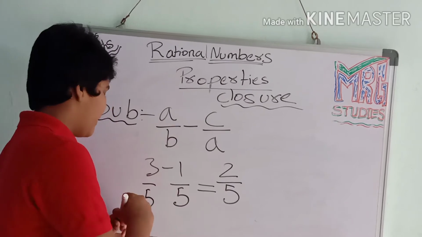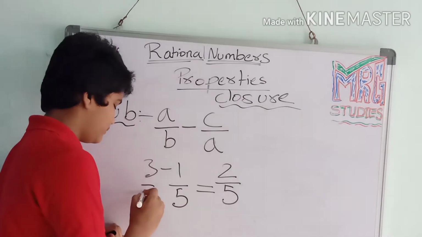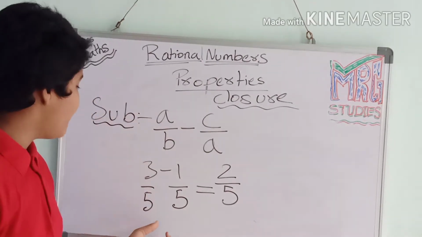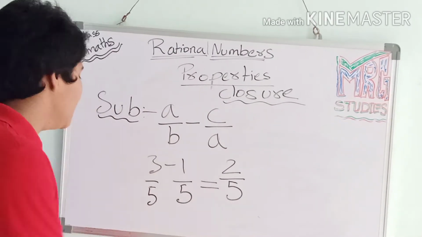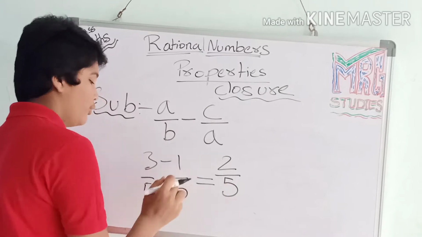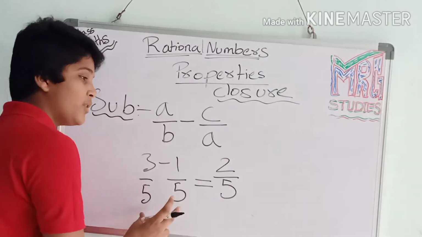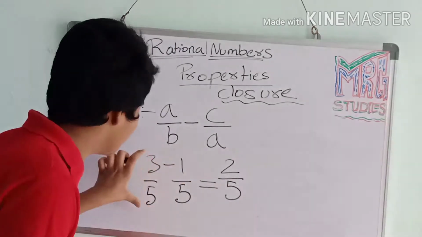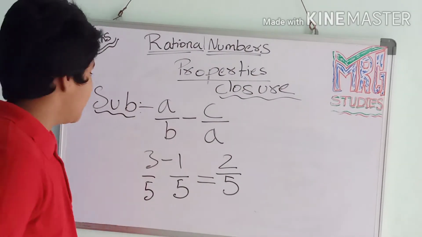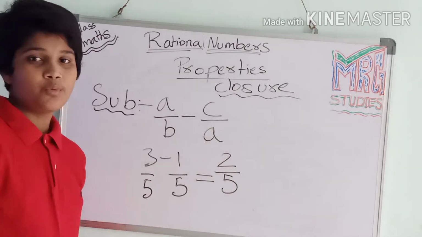So, for example, see here, 3 by 5 minus 1 by 5 equals 2 by 5. See, 3 minus 1 is 2. Here the denominator 5 is the same, that's why we get 5 here. So 2 by 5 is the rational number of this. This closure property is very useful.